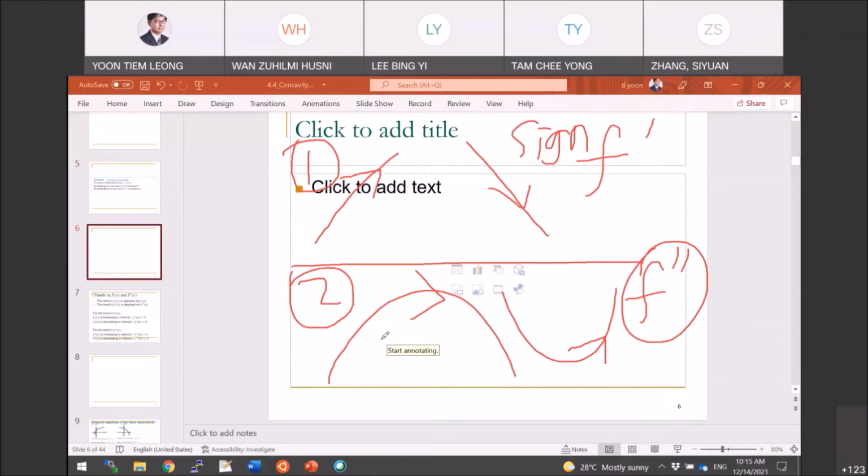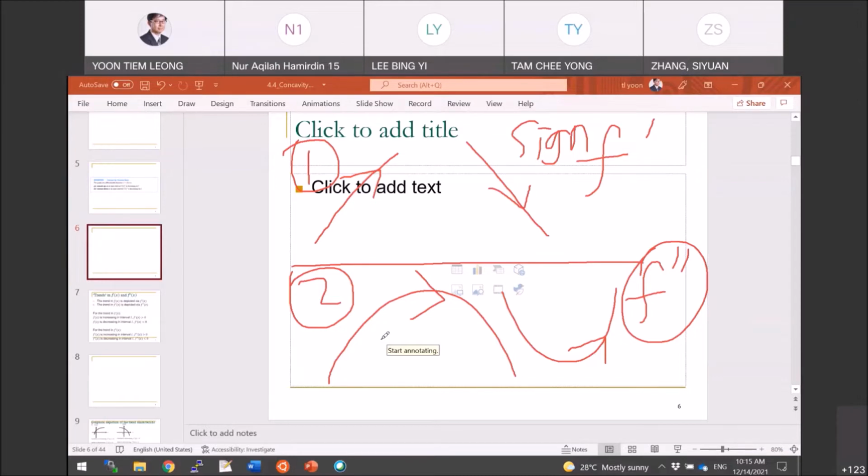If the sign of the acceleration is positive, it means it's moving faster and faster. If the sign of acceleration is negative, it means its velocity is getting more and more negative. So this is the analogy: f prime is like the velocity, f prime prime is like the acceleration.